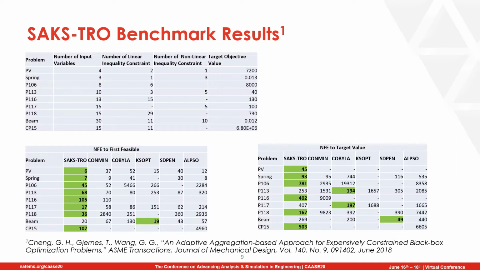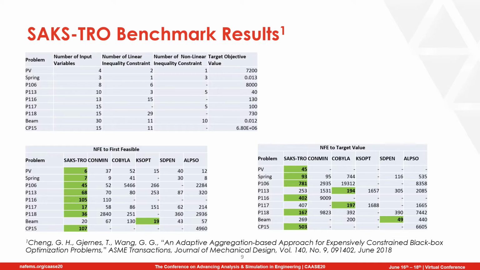ALPSO is an augmented Lagrangian particle swarm optimizer that utilizes augmented Lagrange multiplier approach to handle constraints. There are 9 problems, and every problem ran 30 times with each optimization algorithm.